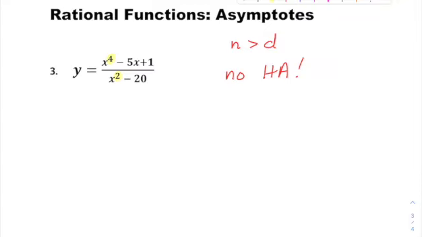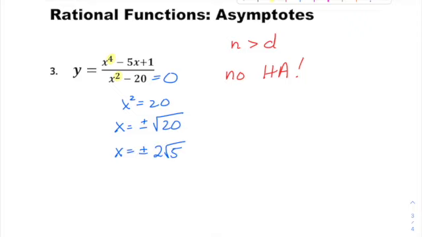And for your vertical asymptote, if any, we're going to set the denominator equal to 0 and try to solve. Now that does not factor, but it does have solutions. We're going to add 20, take the square root of both sides. Don't forget, taking the square root to solve an equation, you need to consider plus and minus the square root. And 20 is not a perfect square, but it does reduce to plus or minus 2 root 5, right?